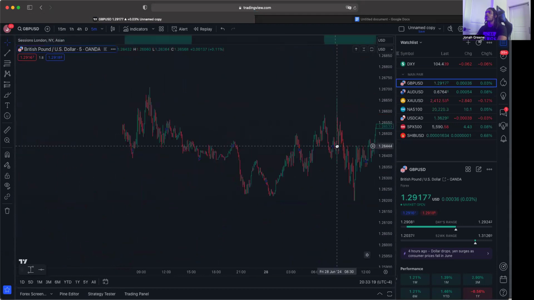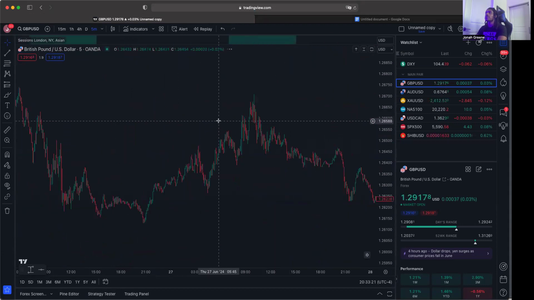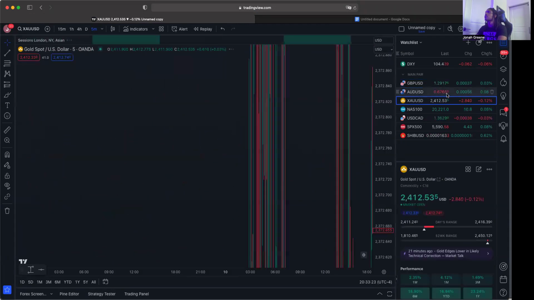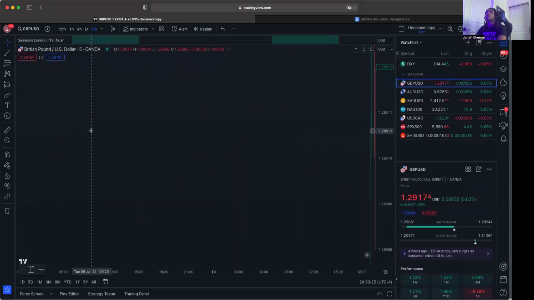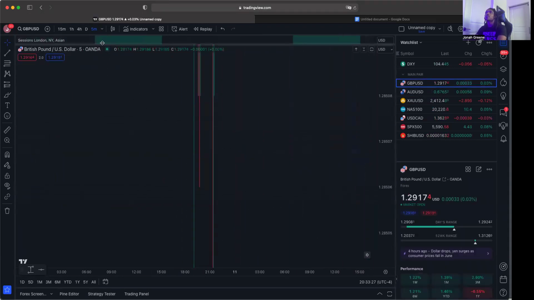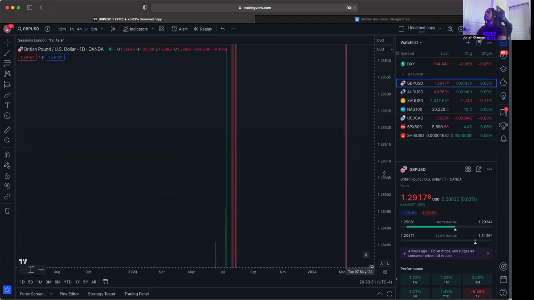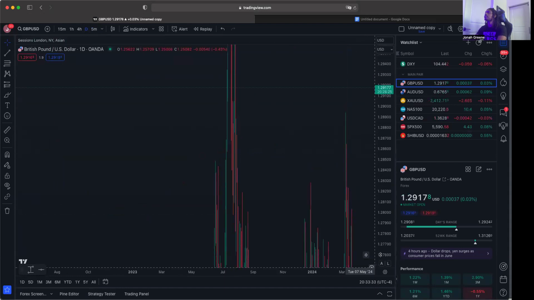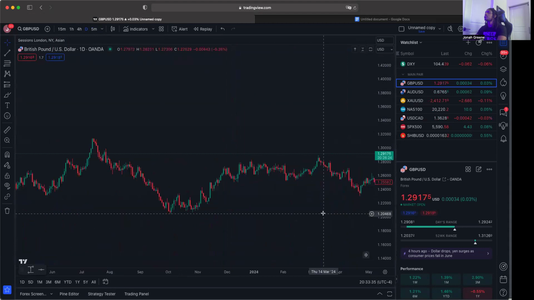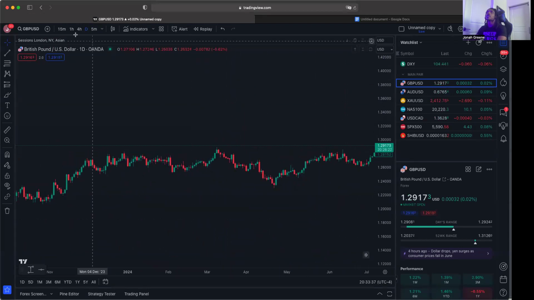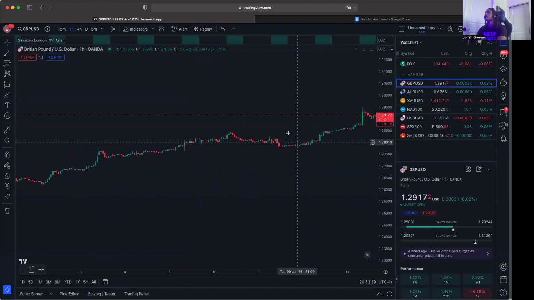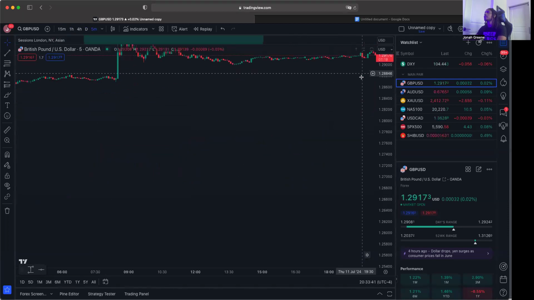Let's see if we can find one in New York session. Okay, let's see something real quick. So the same thing. It's a daily time frame, hour time frame, then 5-minute time frame.